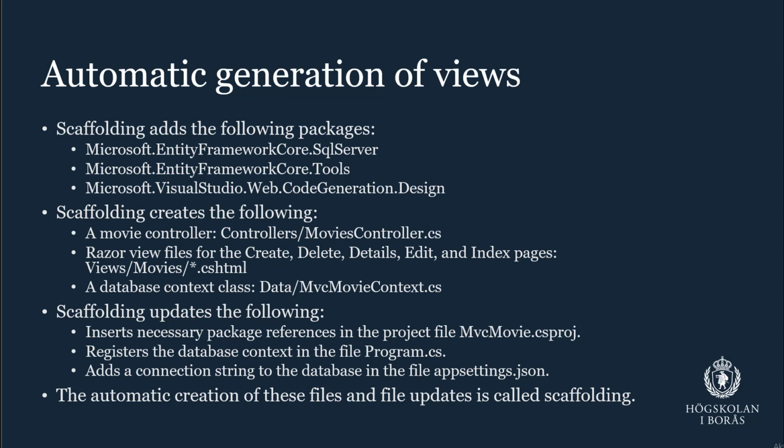It has registered the database context in the Program.cs file for our usage. It has also added a connection string to our database in the appsettings.json file. The automatic creation of these files and file updates is called scaffolding. So basically, it has done a lot of things for us now.